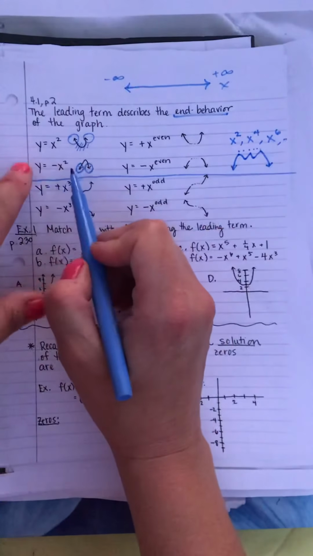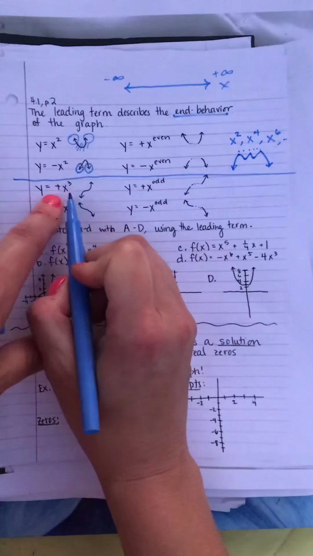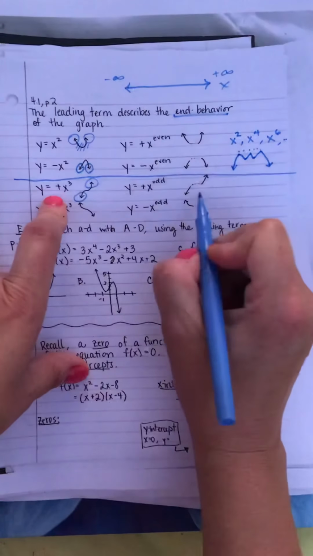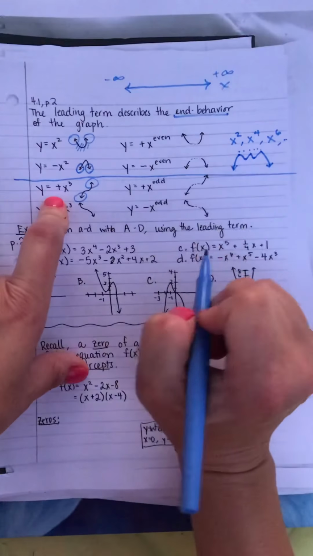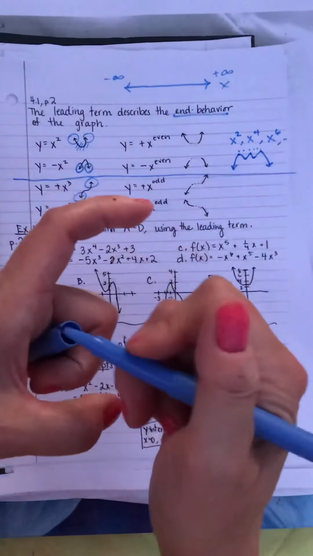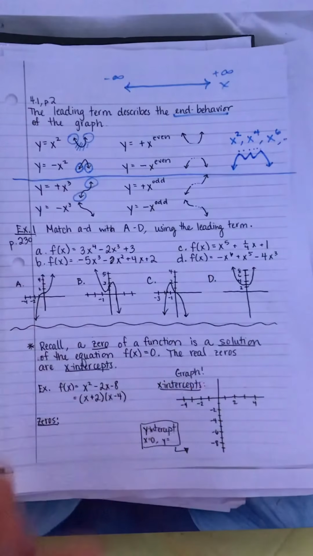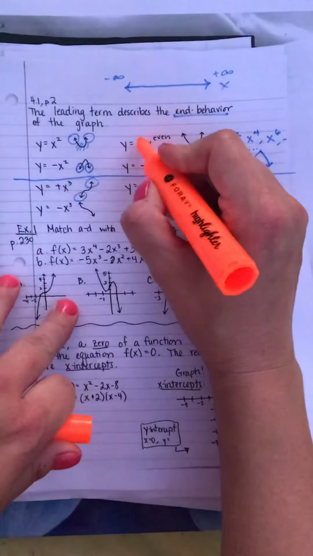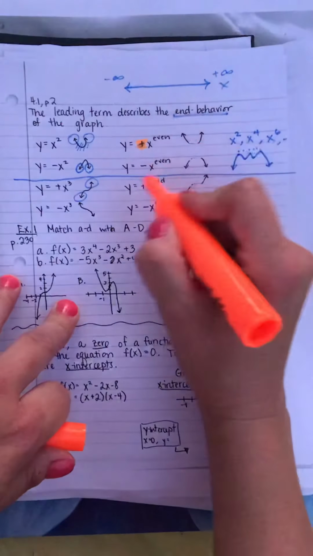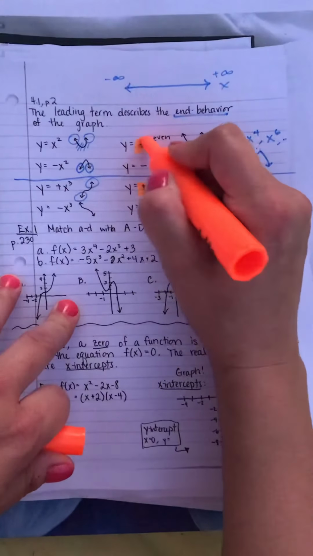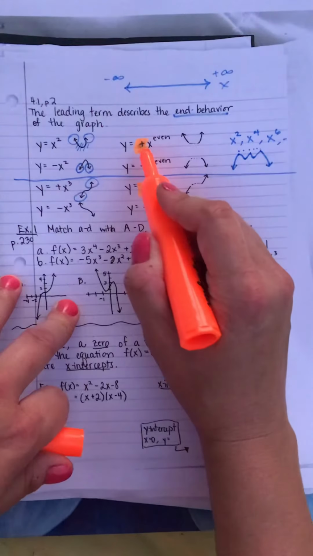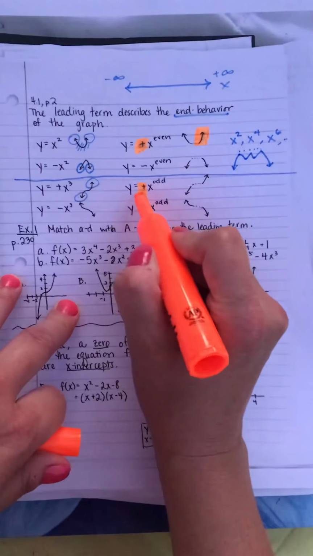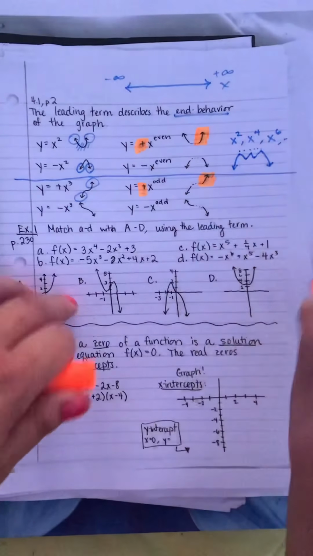So this is for even. These are for odds. X cubed, one side goes up, one side goes down. Same thing for any x to the odd. One side goes up, one side goes down. Now let me show you this nice little trick. No matter if you have even or odd, if it's a positive leading coefficient, the right side goes up.